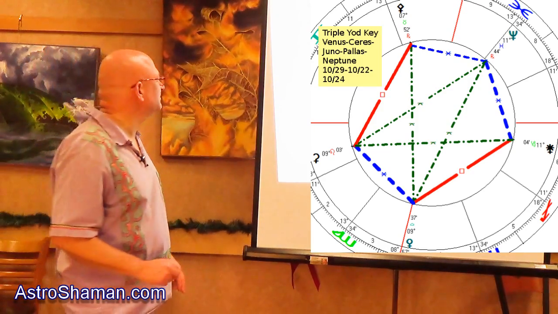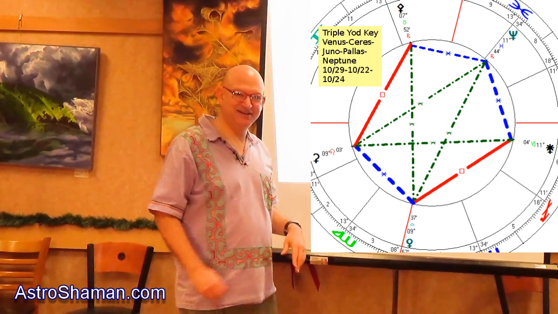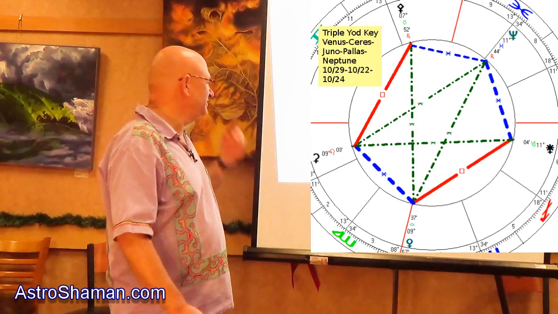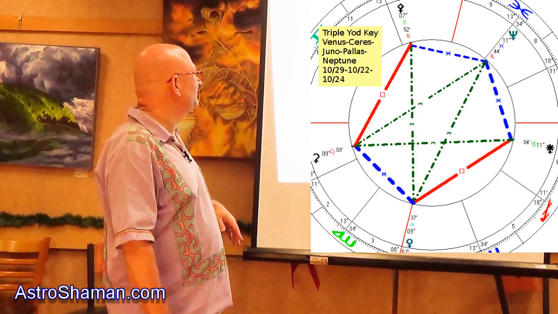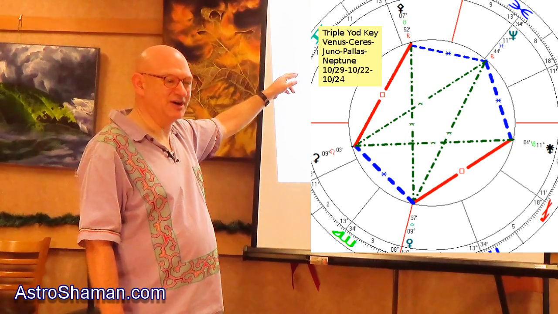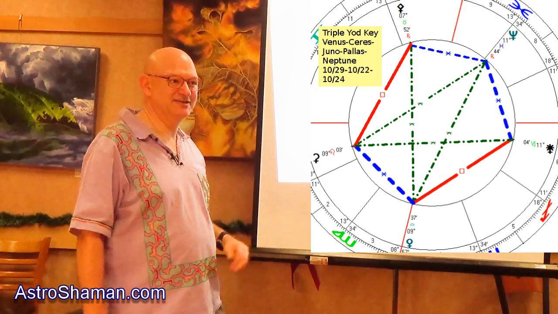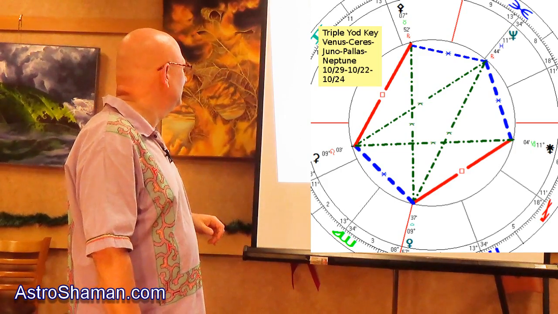Oh, I'm sorry, that should be a 1. This is a 6-day triple yod key. So it's super quick. And I just really put it up again because I was just so amazed that it even existed. What's the first date then? It's actually October 19 to October 24. So it's very brief, hardly even worth mentioning in the context, but it was just so amazing that it even existed. I just wanted to mention it in passing.